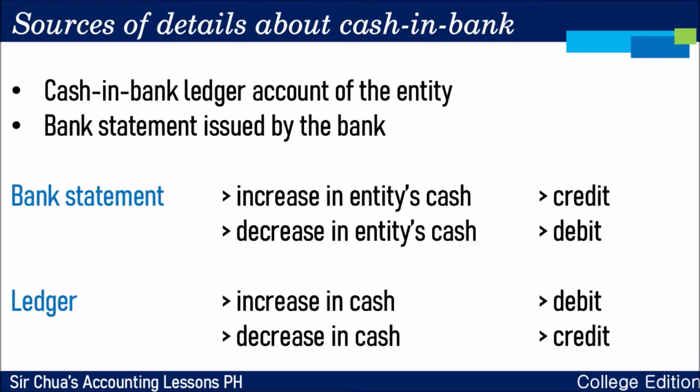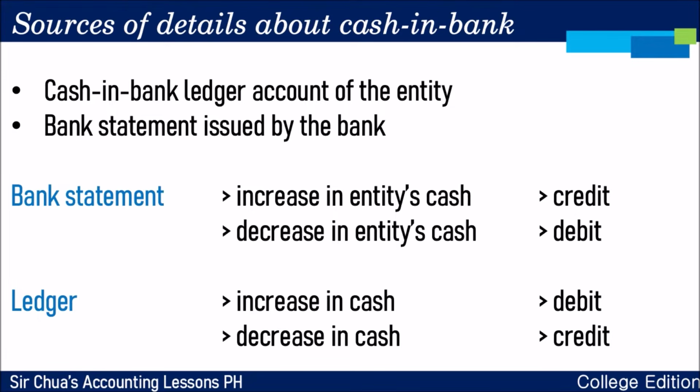Ngayon, wag lang po tayong malilito sa rules ng debit and credit applied in a bank and applied in the entity's ledger. So, remember, in the bank statement, increase in the entity's cash dun po sa kanilang bank account is on the credit side. Okay, so baliktad siya. And then, kapag naman po decrease in the entity's cash, it's on the debit side.